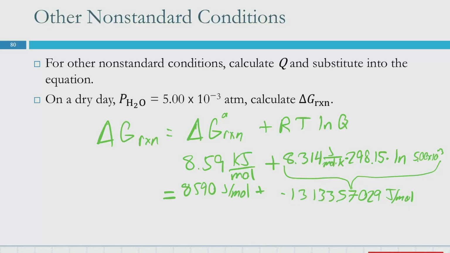So our actual delta G of the reaction on this dry day, not a 100% saturated, 100% relative humidity day, is negative 4543.5 joules per mole, so negative 4.54 kilojoules per mole.